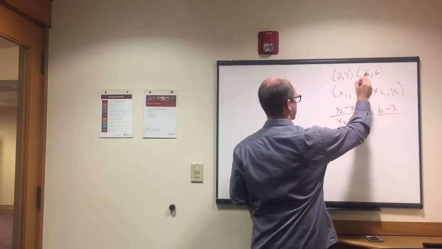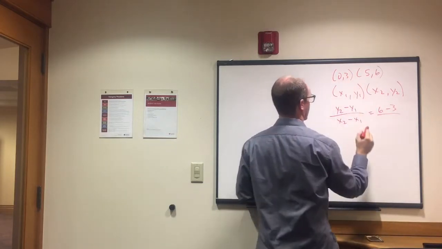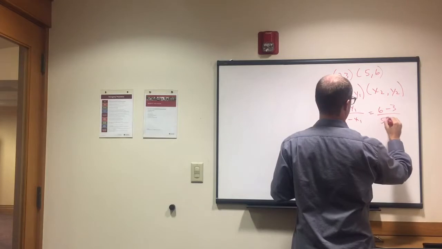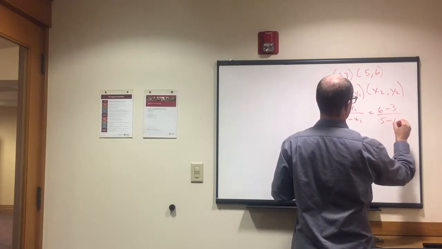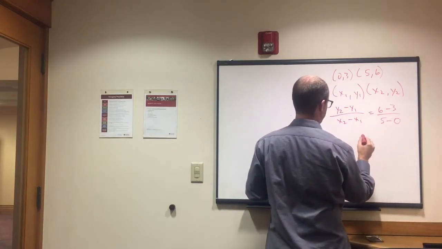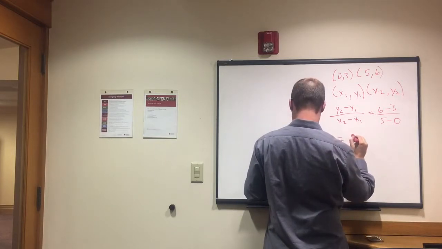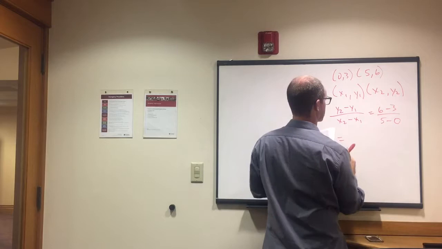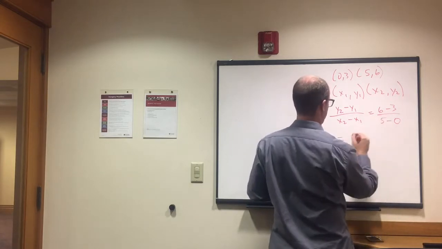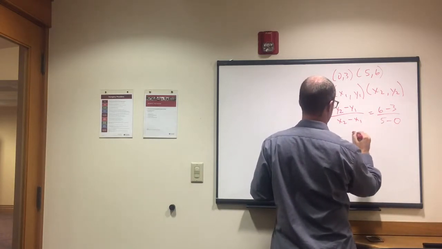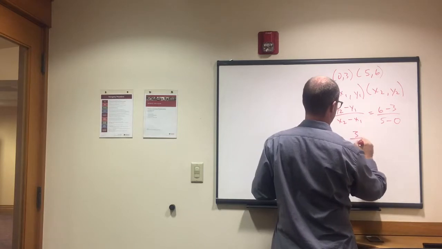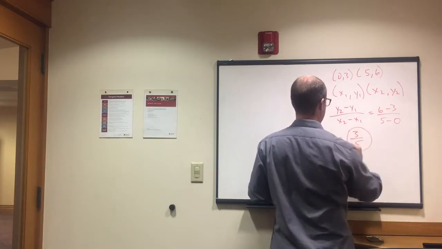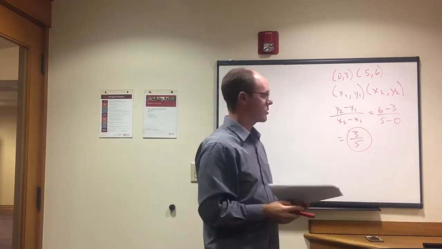That's y2, 6, y1, 3. X2 is 5 minus x1 is 0. Okay. Sorry, we're still good here, right? And so 6 minus 3 is 3. 5 minus 0 is 5. 3/5. That's our slope, right?